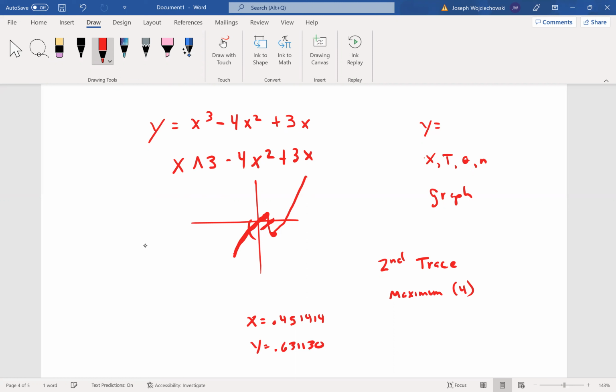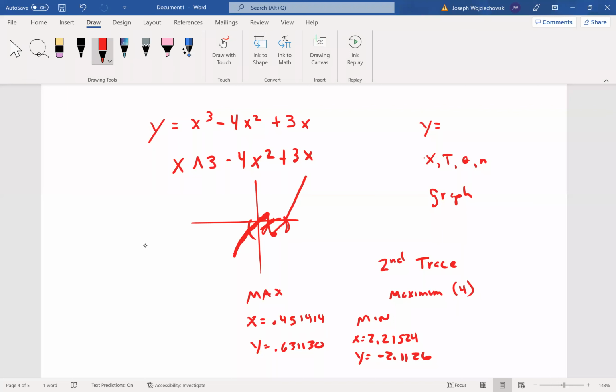Now we need to find our minimum as well. So again, hit second, trace. Minimum is number 3. Again, we want to be to the left of it first. So here's a point to the left of it. Hit enter. Then it says right bound. So go over here and hit enter, and then hit enter a third time. So here's my max, and my min is x equals 2.21524, and my y value is negative 2.1126.